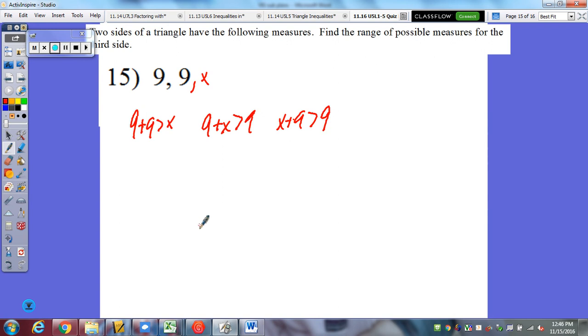All right, so let's figure this out. We have 18 is greater than x. We have x is greater than 0. Well, we've also got x is greater than 0. So none of these conditions are violated by a negative. But we just see that we're talking about all of my x values between 0 and 18.